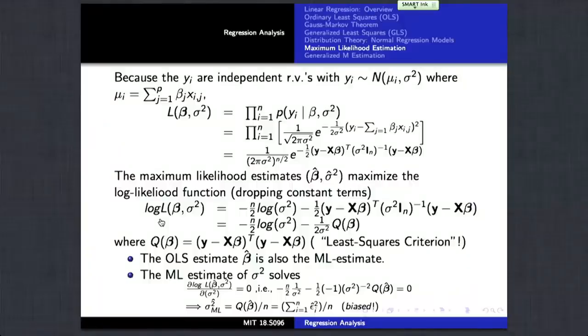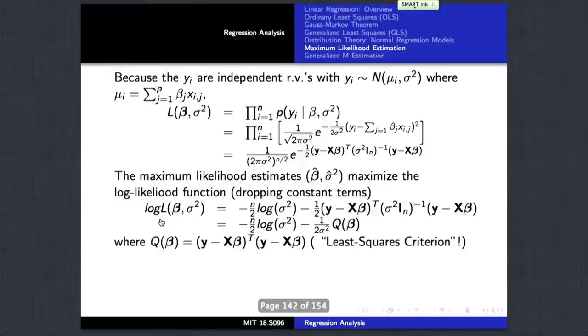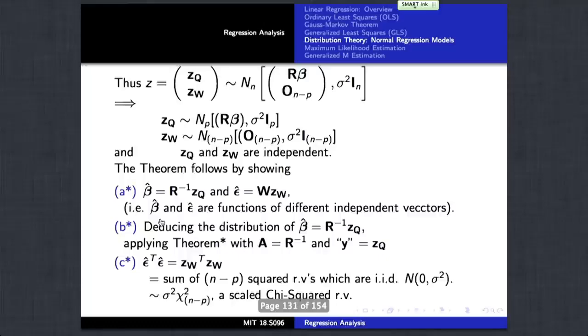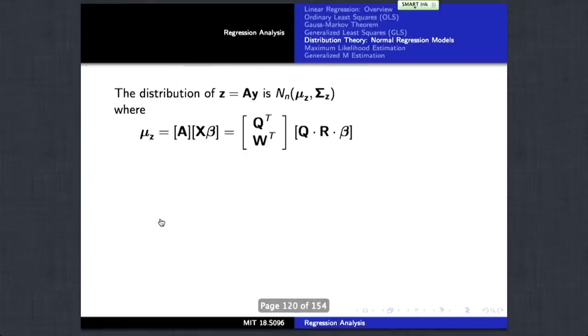Okay, so this solves the estimation problem for normal linear regression models. And when we have normal linear regression models, the theorem we went through last time is very important. Let me just go back and highlight that for you. Okay, this theorem right here.